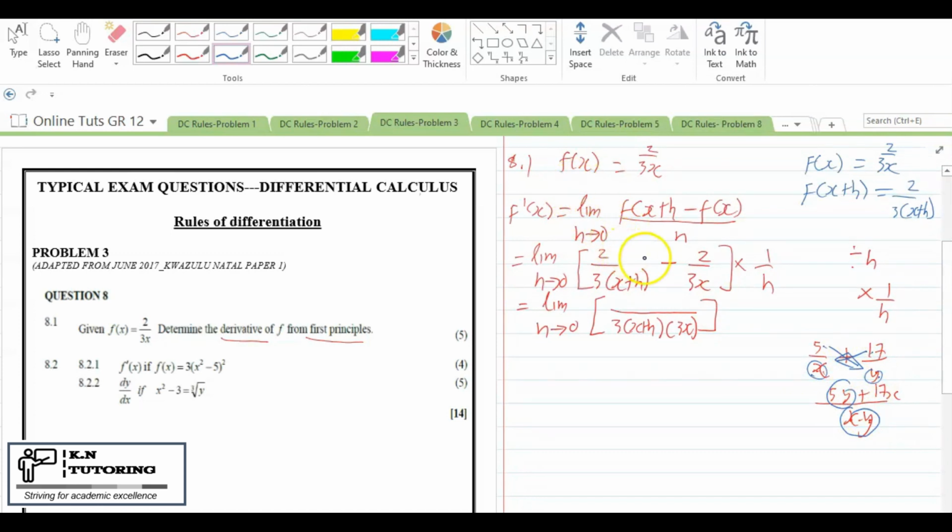So I will also cross multiply here to make my life easy. So this will be the same as, what is 2 times 3 into x plus h? 2 times 3 is 6, so it will be 6 into x plus h. No, that's not the correct way of doing it.